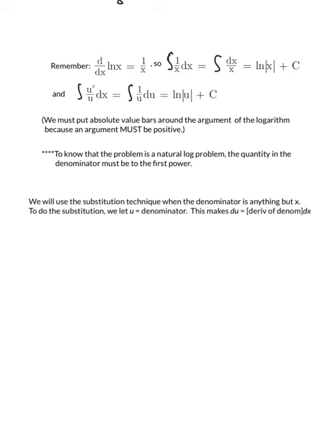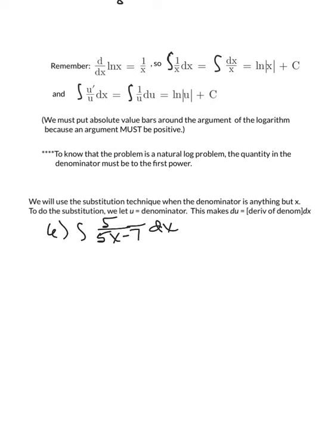We will again be using substitution in our integrals with natural logarithms. To do the substitution, we're going to let u equal the denominator. This will make du be the derivative of the denominator, dx. You're going to choose to do this anytime your denominator is anything but x.